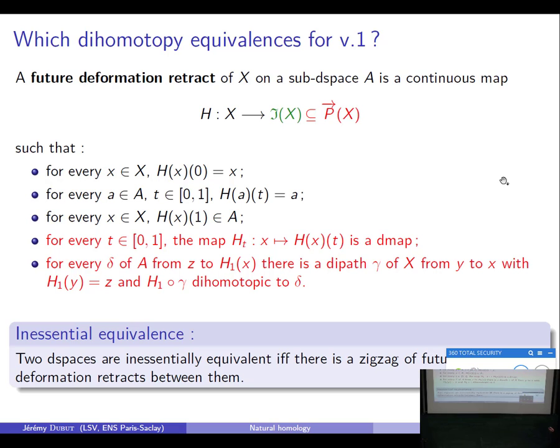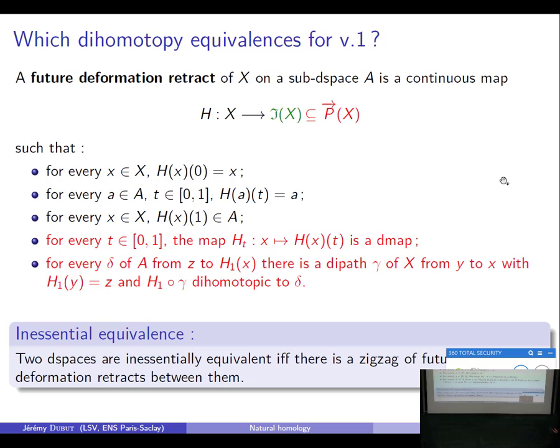It is defined using some deformation retracts in a directed setting. So a deformation retract classically is just homotopy, that is a function from a space to a space of paths.